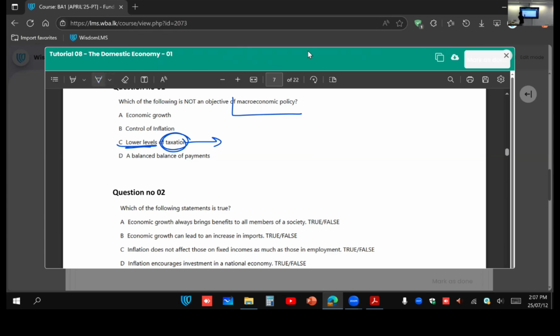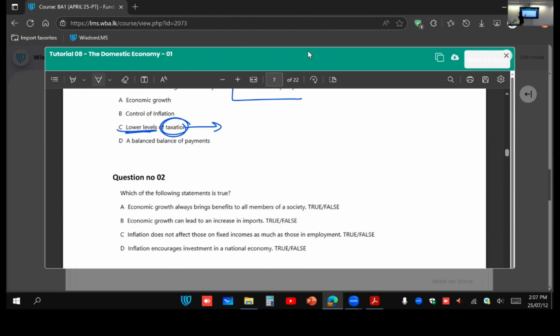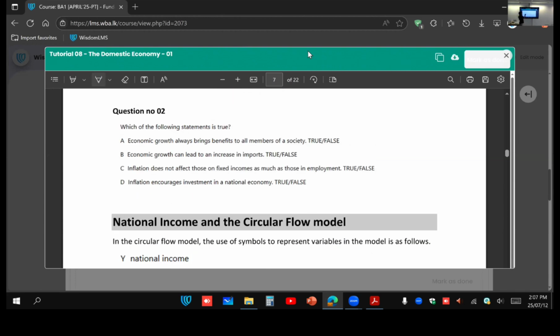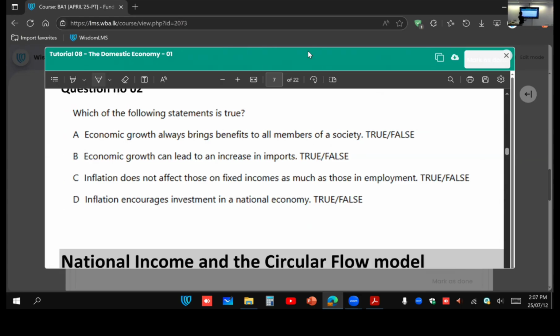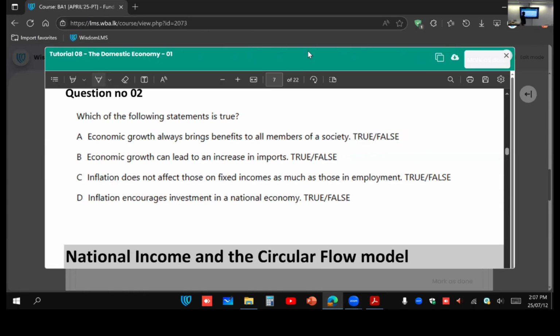Next part, question number 2. You have 4 sentences. Just tell me whether each is true or false. Quickly select.